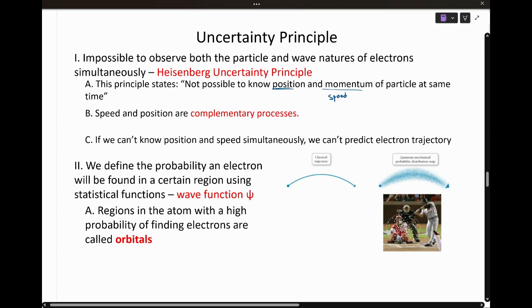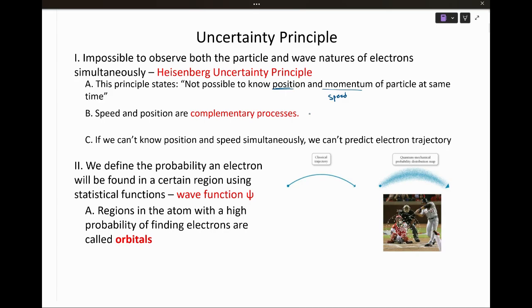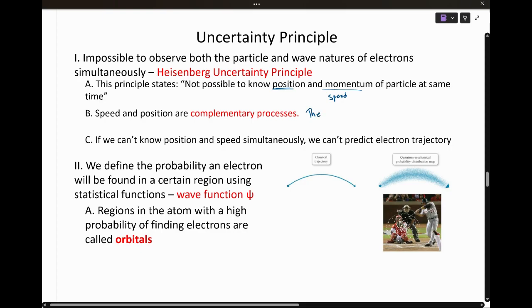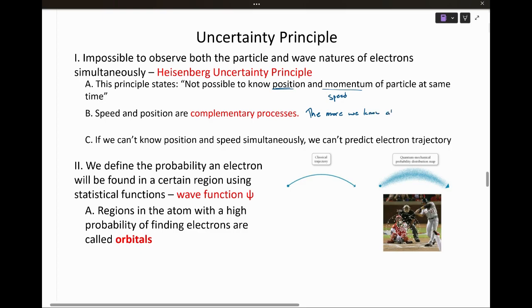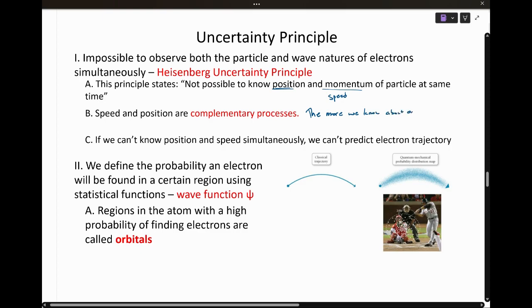And so what that means is that the more we know about one, the less we know about the other.